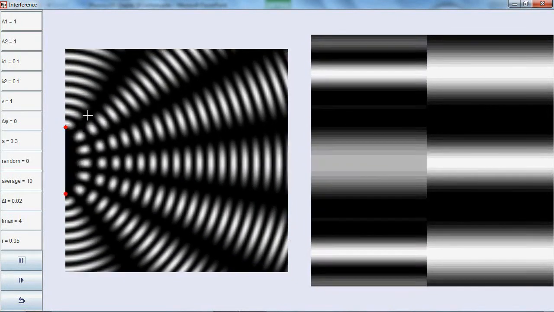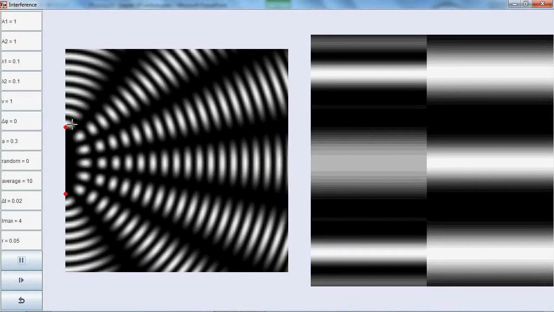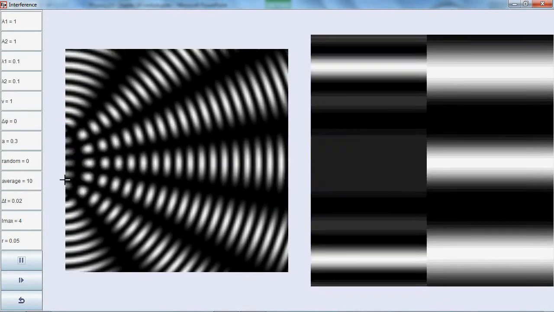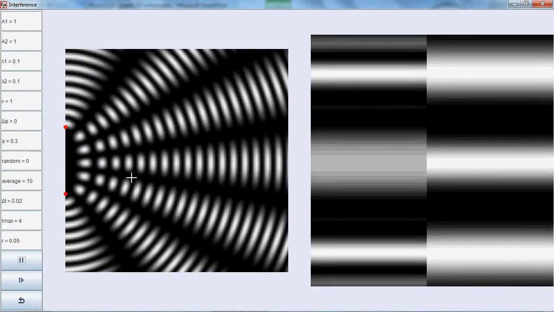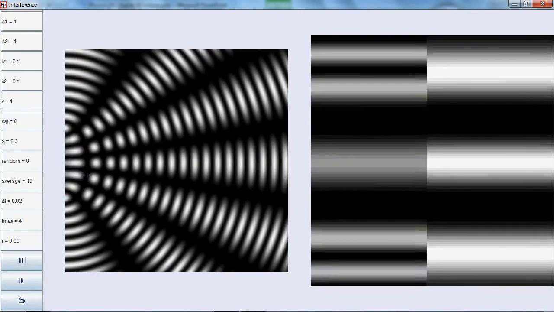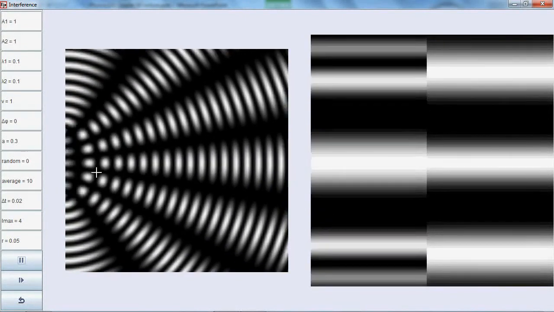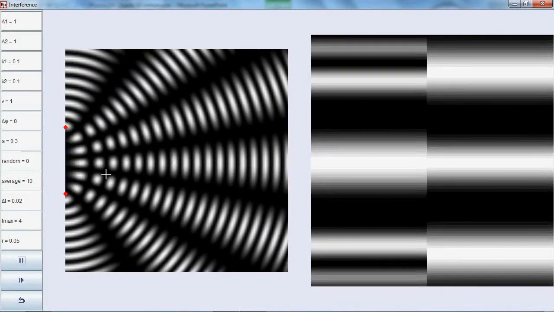So this is why you never find a theater with exactly two speakers separated in the audience, because there will always be areas of destructive interference, places where the sound is going to be terrible, and then you're going to have places where the sound is incredibly loud for people in those sections.